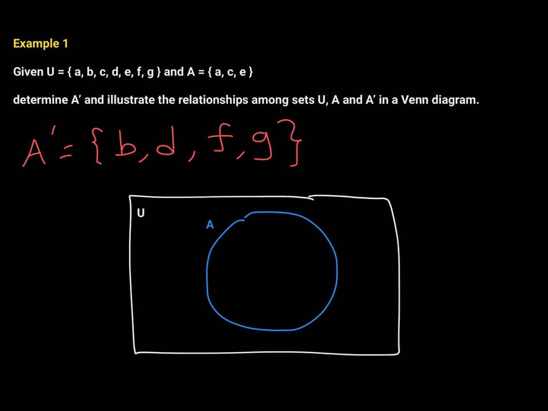All right. Elements that are in set A and belong to the universal set are A, C, and E, right? And that was given.